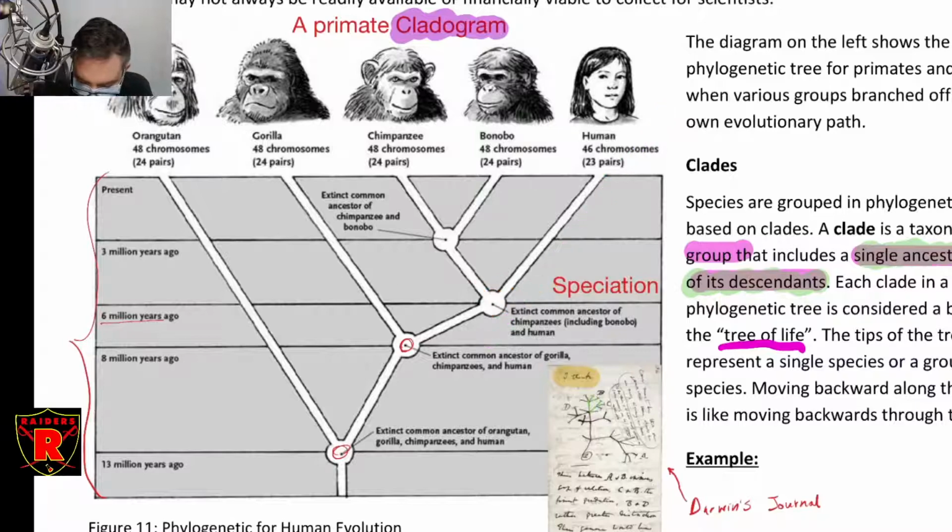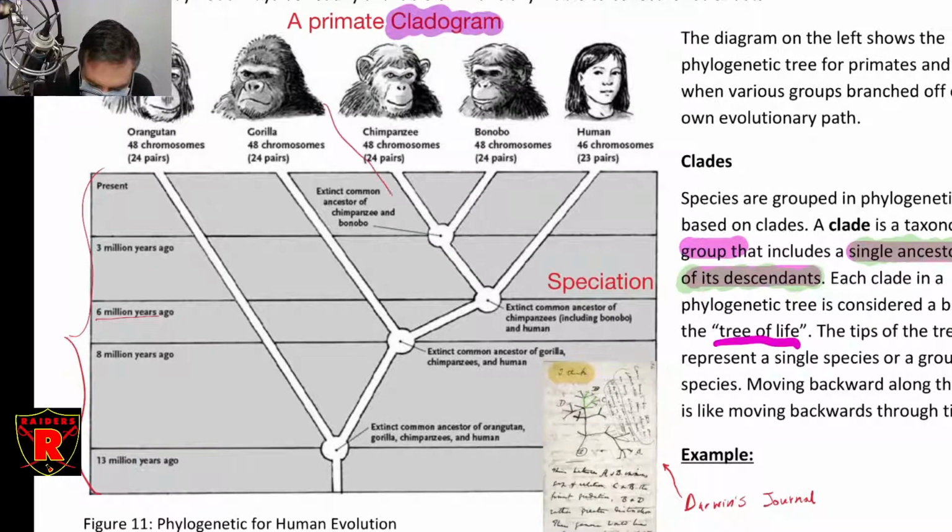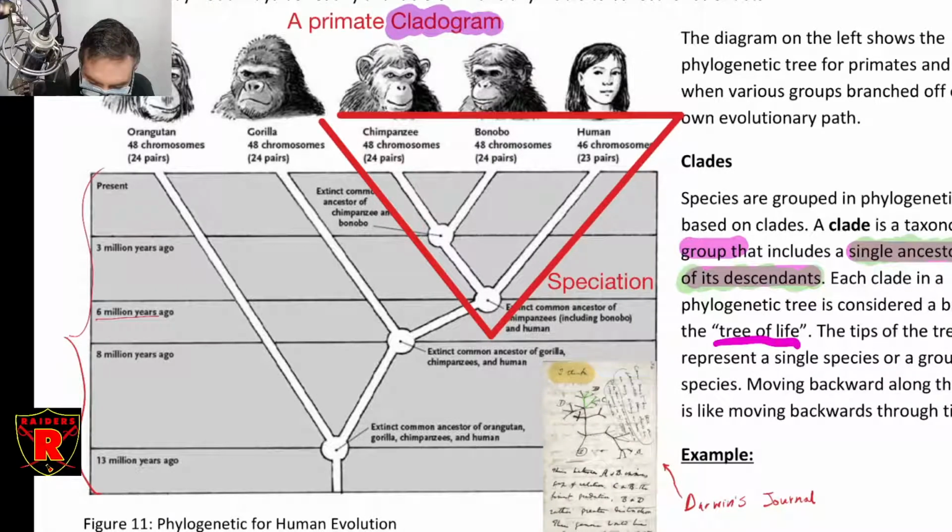So let me give you an example of a group on a cladogram. I can draw a line here, a lot thicker so you can see it better. I can draw a line around a common ancestor and all of the species that are coming from that same common ancestor.